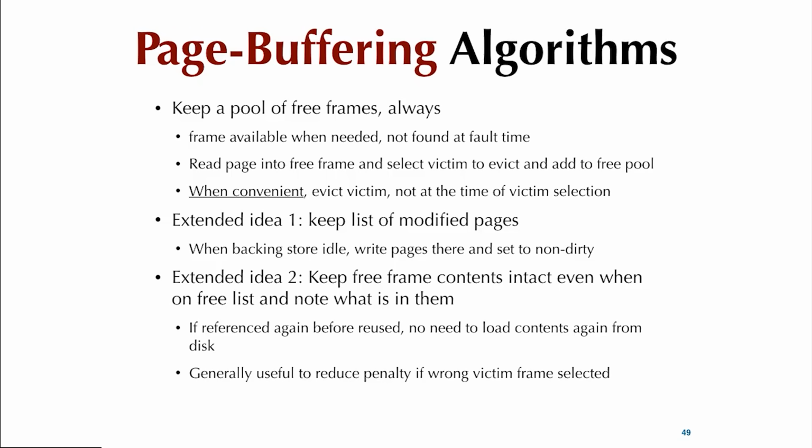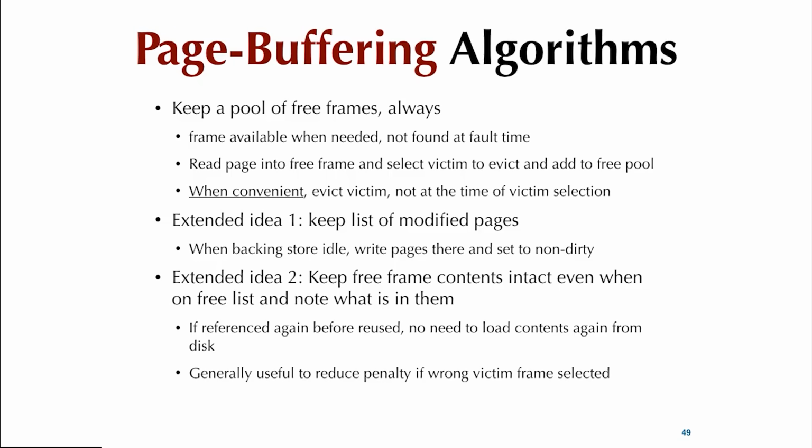One is you can do what's called predictive flushing. So you would tentatively pick some victim, and then when convenient, when the OS is idling, not doing much, I'm just going to start thinking ahead and look for some possible victim.